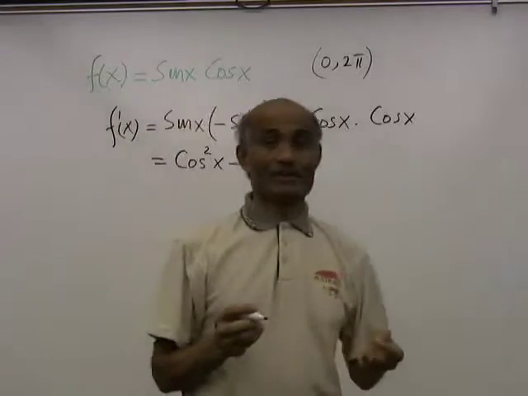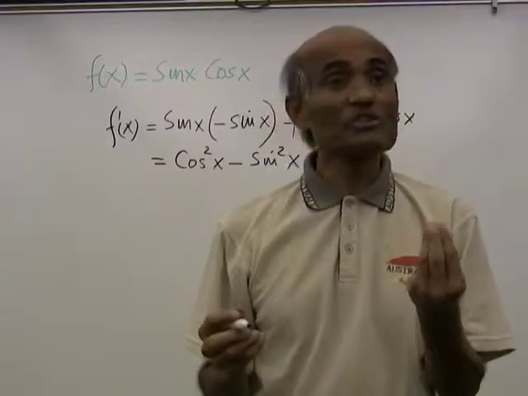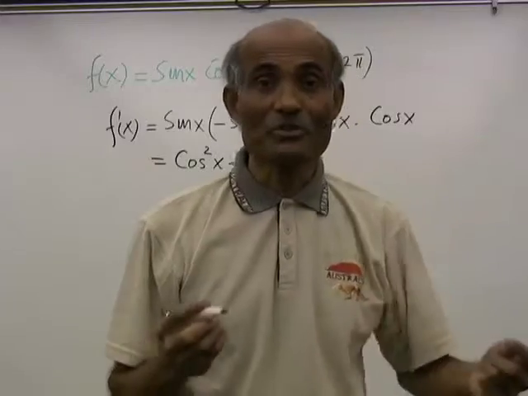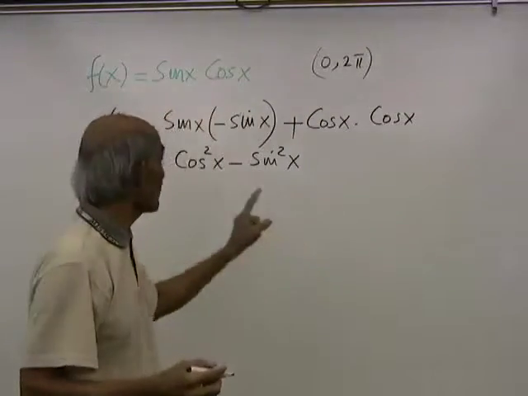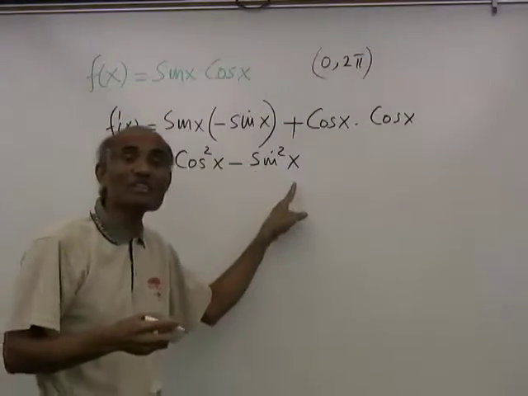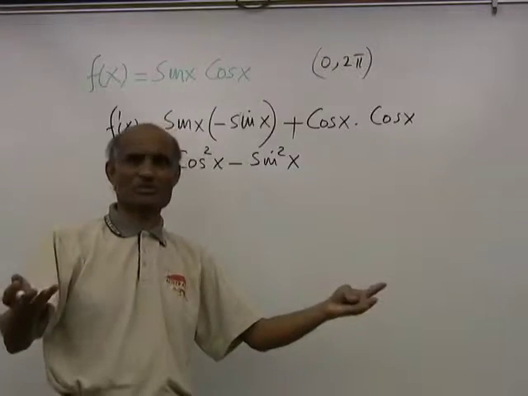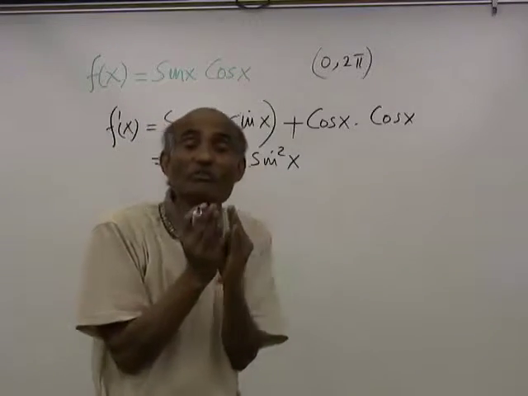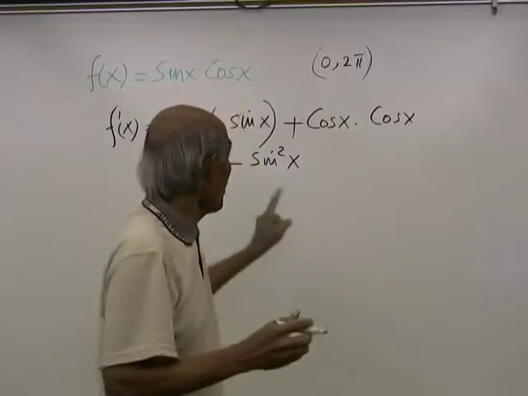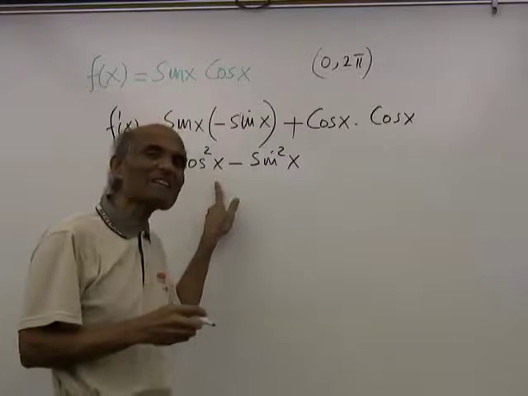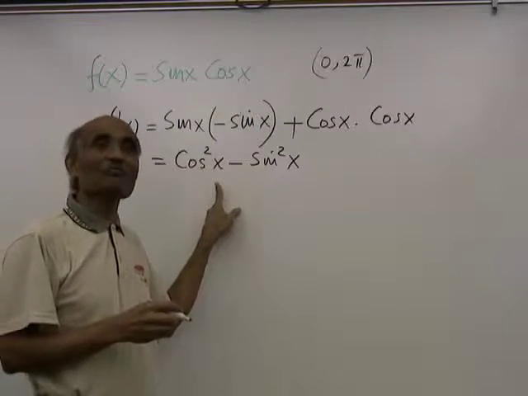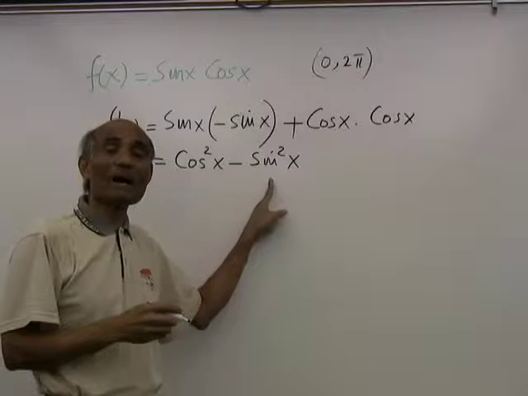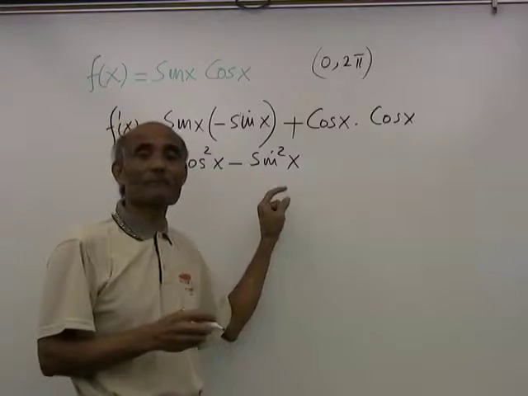Well, you know from solving trigonometric equations, you cannot solve a trigonometric equation if you leave the equation in terms of two ratios. You must bring it down to a single ratio. Can you recall a trigonometric identity that involves cos squared x minus sine squared x?